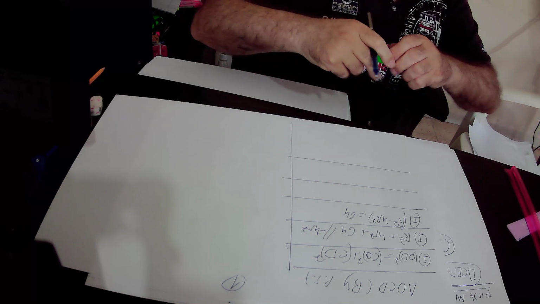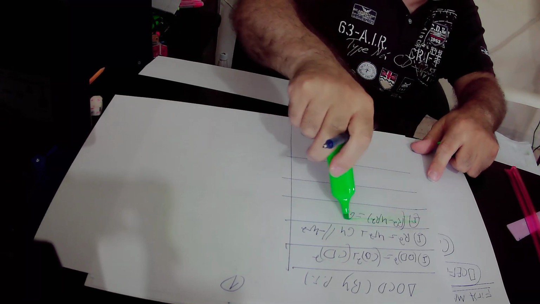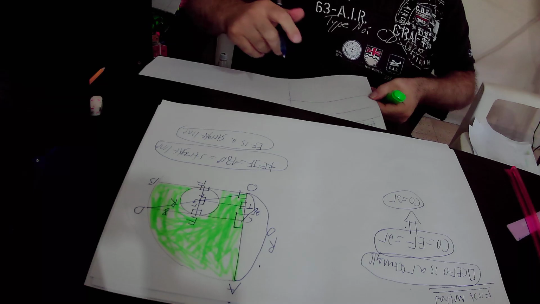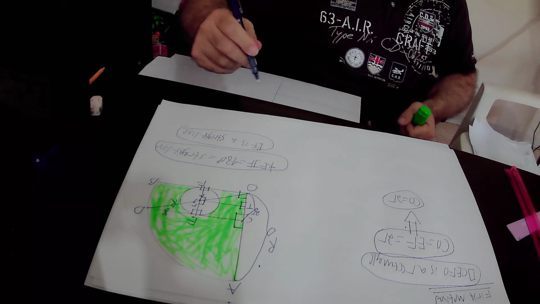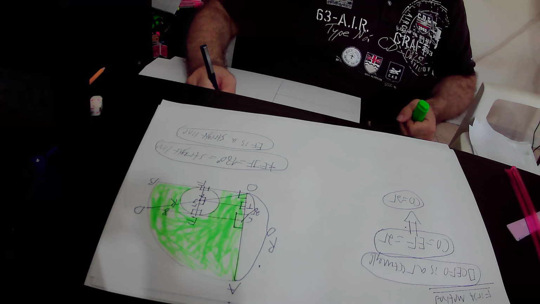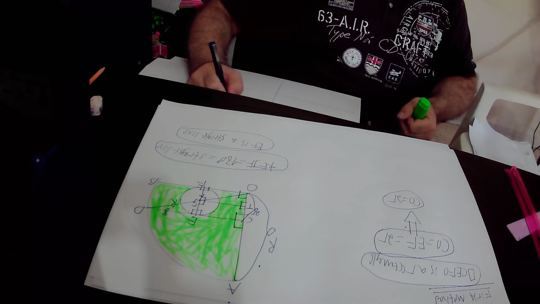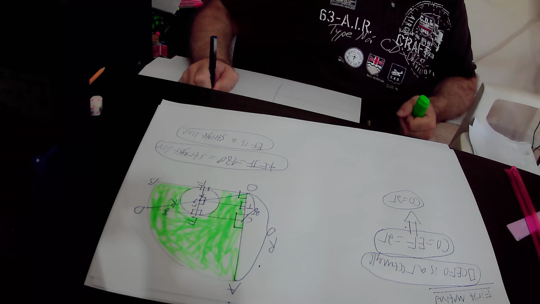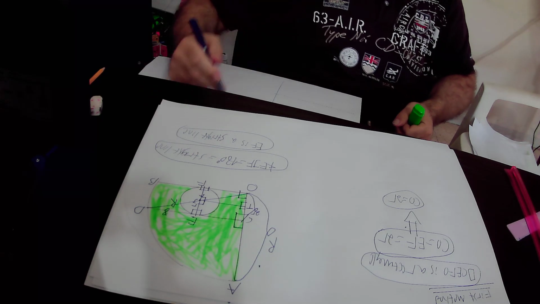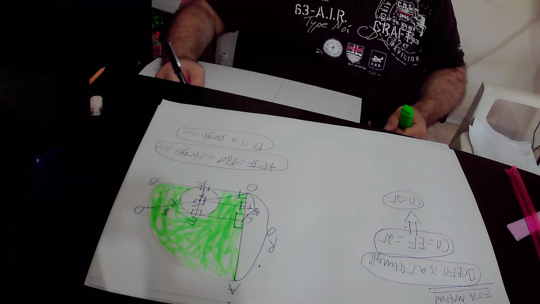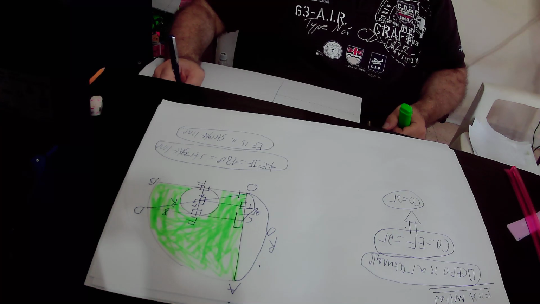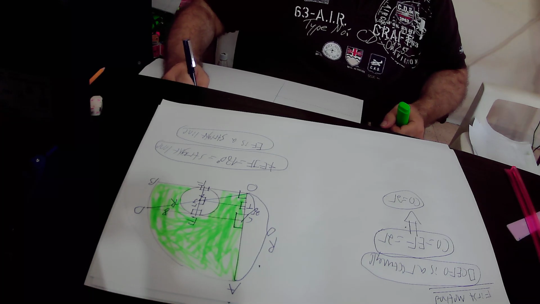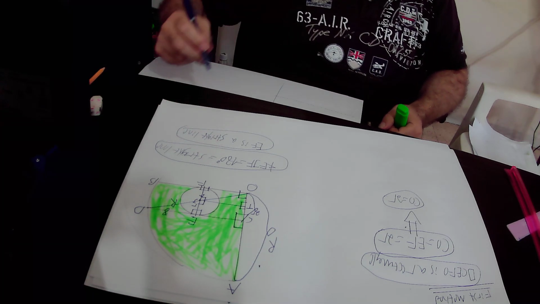Okay? But what is actually the area of the green shape? It is very easy to see from the drawing that the area of the green shape is equal to the area of the quarter circle minus the area of the small circle.